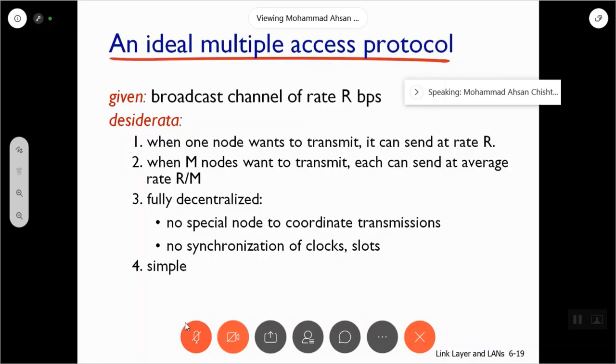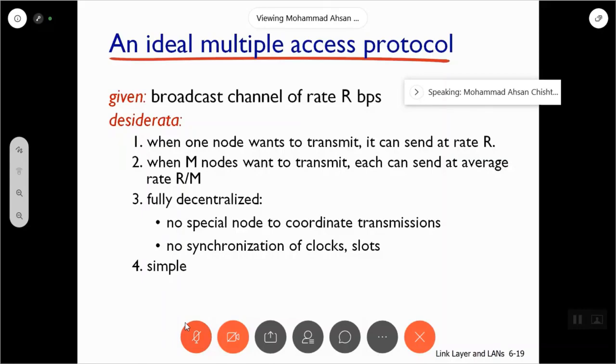We want protocol number 3 to be decentralized. Decentralized, no master slave coordination. Centralized is master slave coordination. We do not want that. Why? Because we know with master slave, there is a single point of failure.